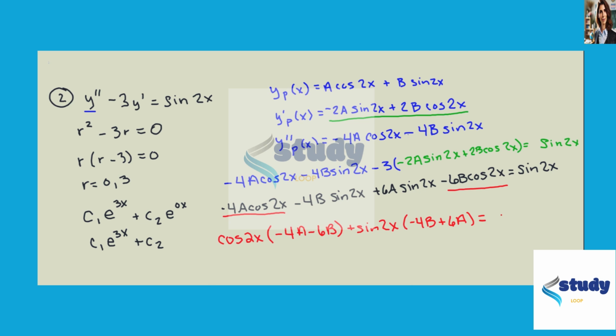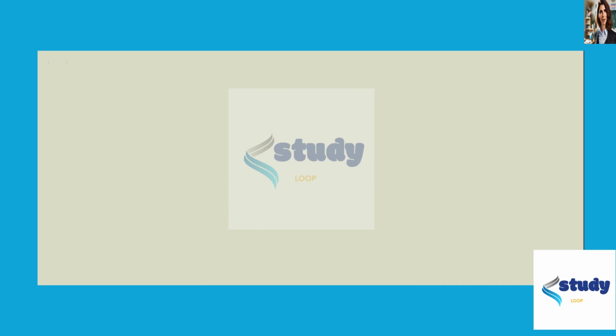Therefore, negative 4b plus 6a has to equal 1, and negative 4a minus 6b has to equal 0.